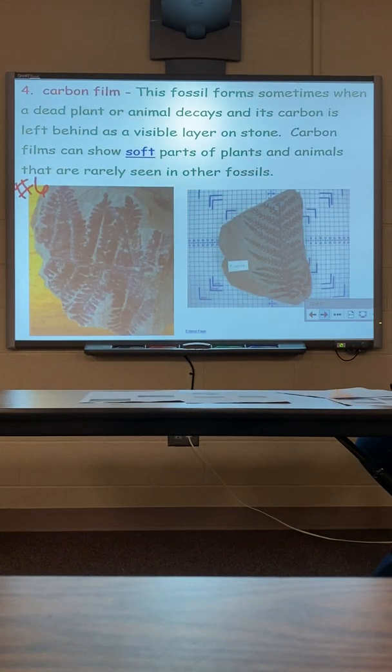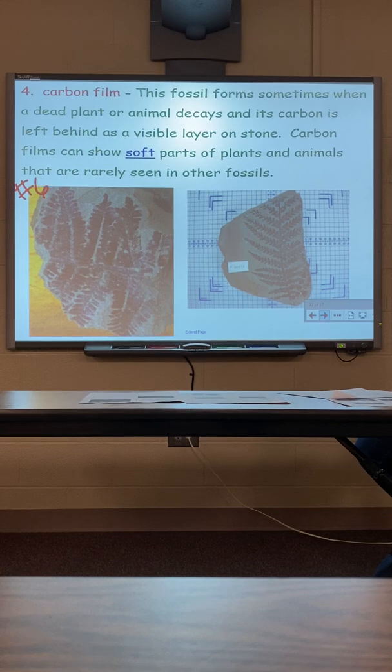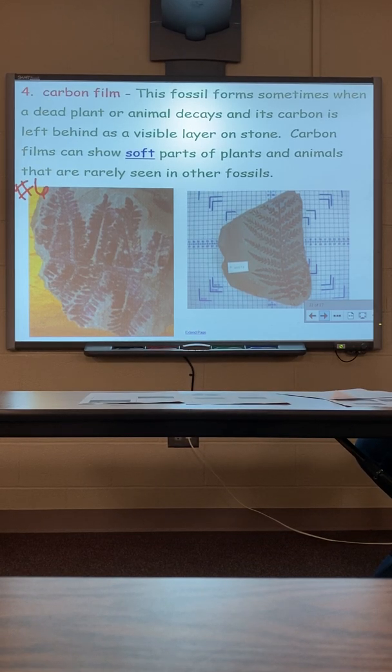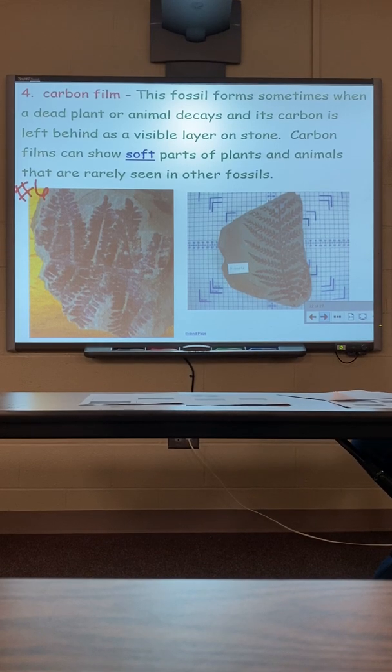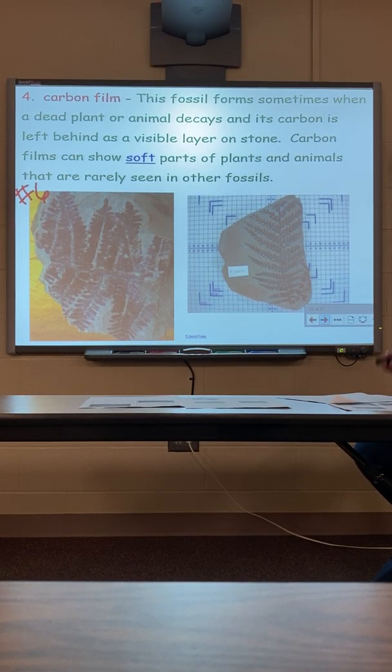All right, here is number 6 on your study guide, a carbon film fossil. This fossil forms sometimes when a dead plant or animal decays and its carbon is left behind as a visible layer on the stone. Carbon films can show soft parts of plants and animals that are rarely seen in other fossils.